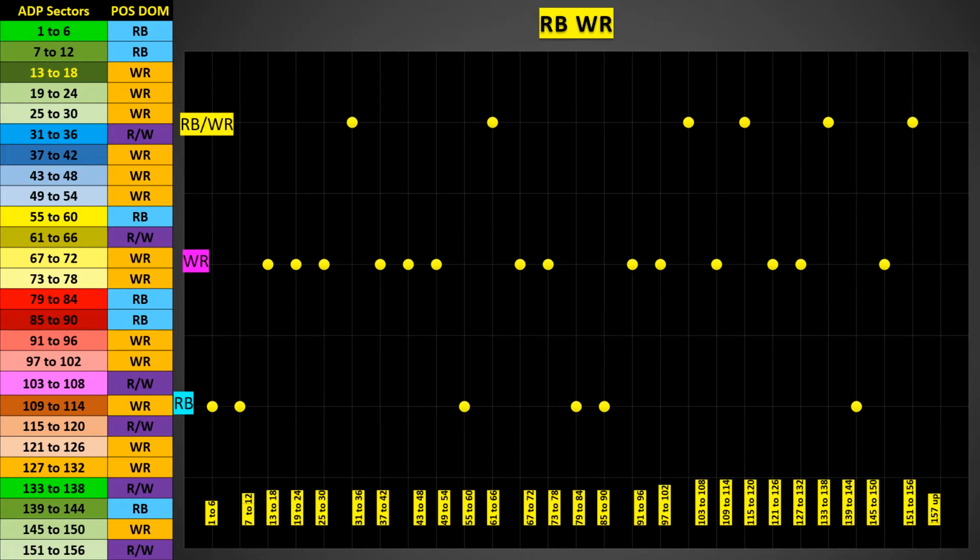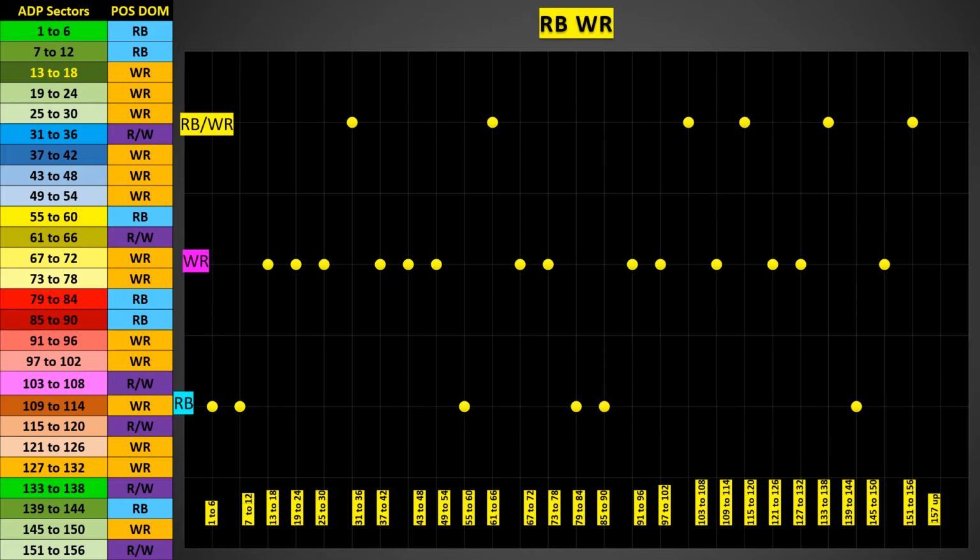This is the sector, so this is blocks of 6, and the visual side of this data is here, the ADP sectors. Then I have something called positional dominance.